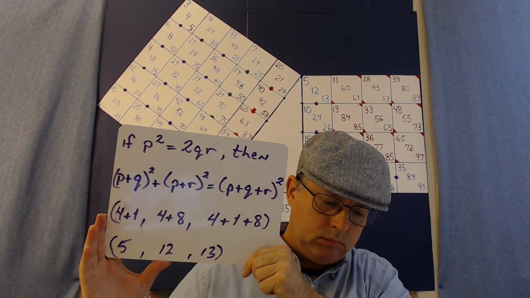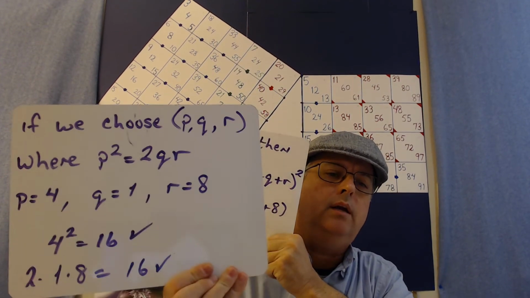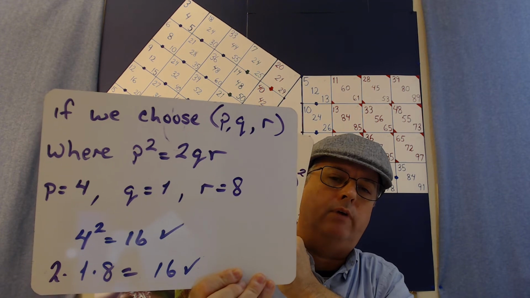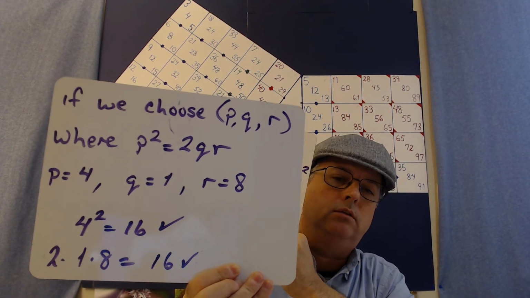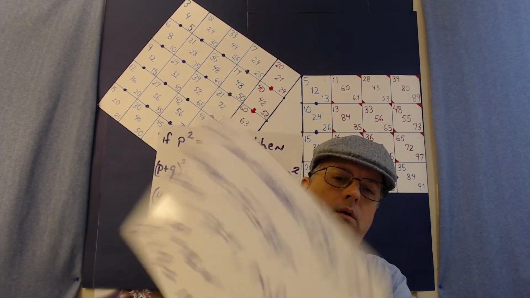So the thing is, we have to choose 3 numbers, a p and a q and an r value, and they have to meet a certain condition that p squared equals 2qr.